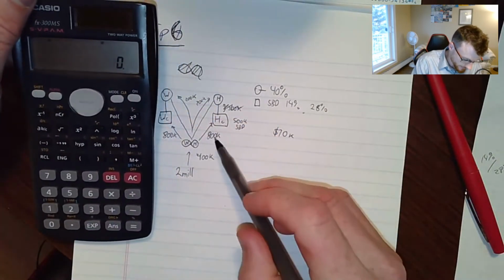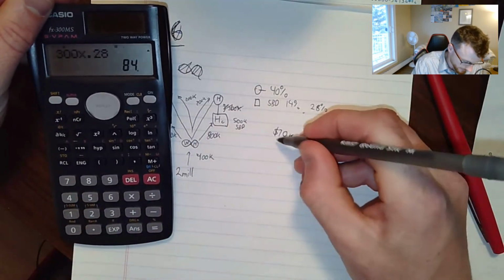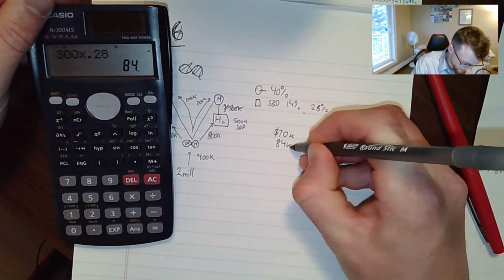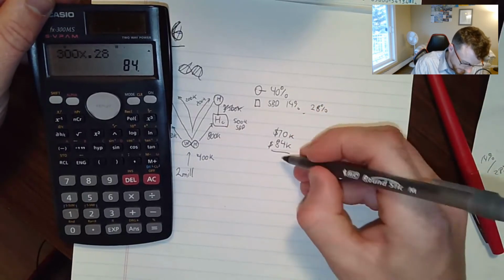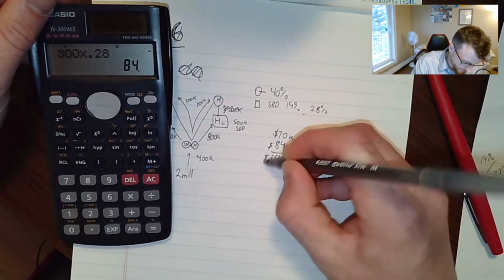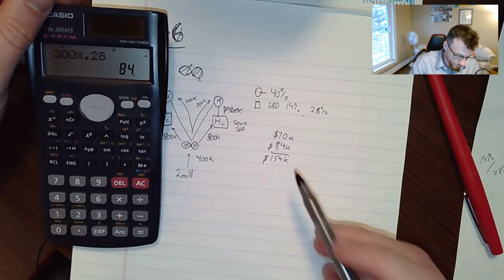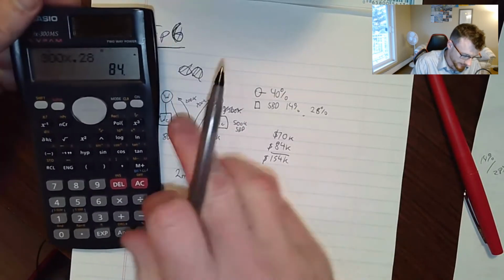The remainder $800,000 is going to be taxed at 28%. And that gives us a total of, quick math, $154,000 that each corporation is going to have to pay.